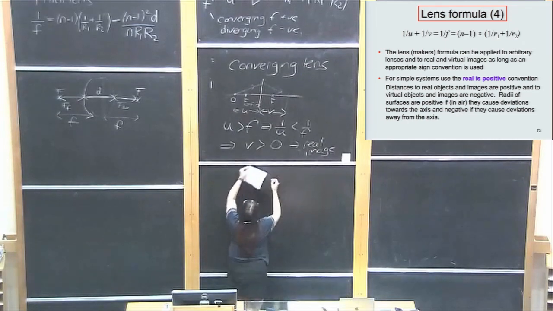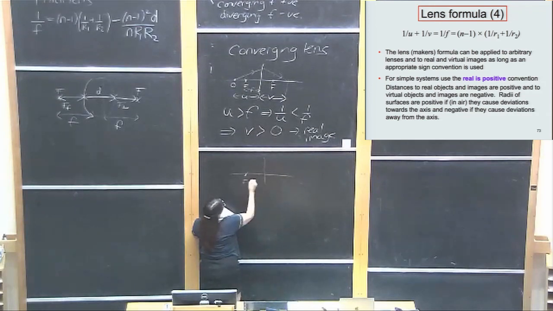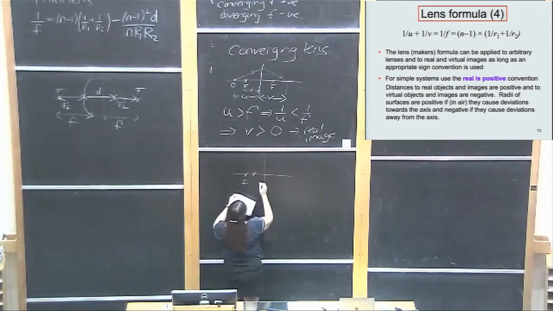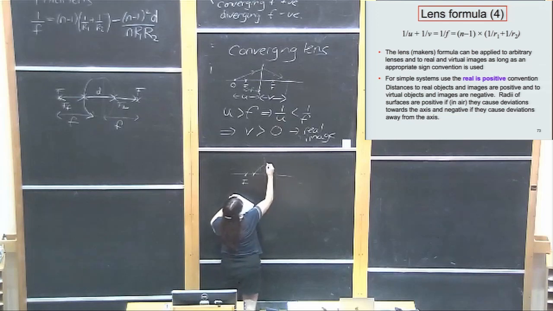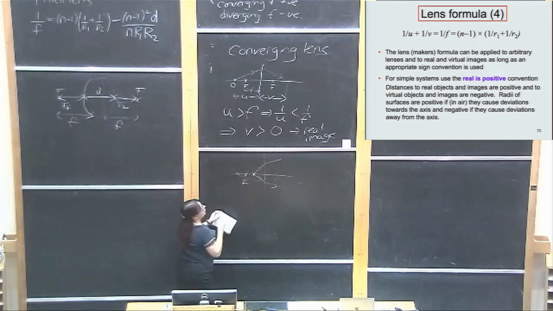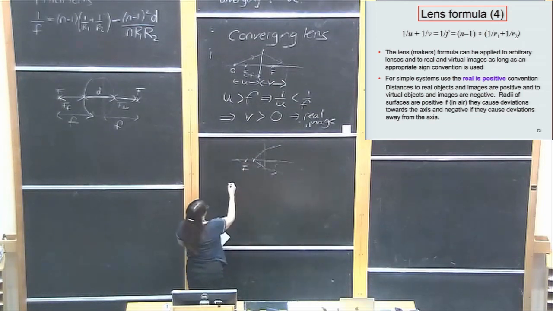Okay, if I were to do another example, still with a converging lens, but let's put my object inside the focal length instead. I'm going to have a situation where I don't manage to quite converge the light back to the axis, and I will instead get a virtual image. Sorry about the diagram. So let's see how that works out.